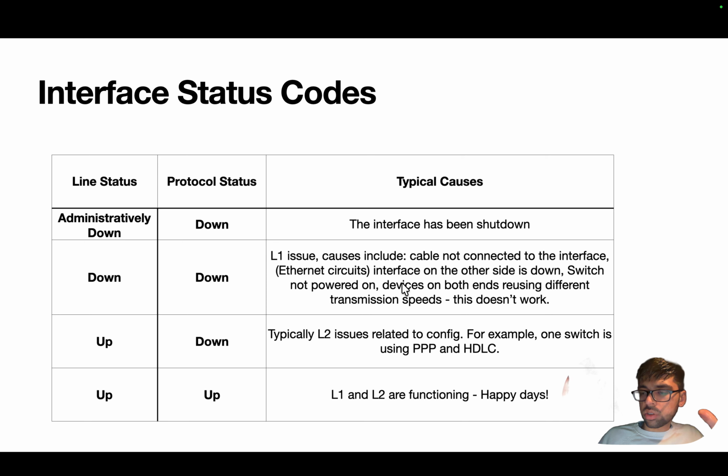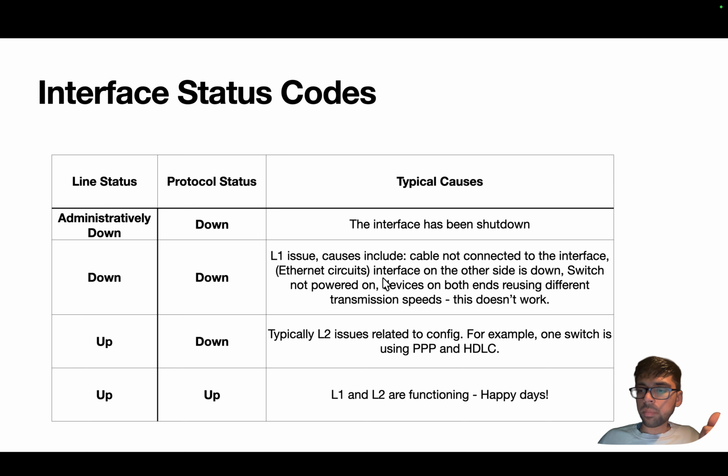If you've got an Ethernet point to point circuit, maybe the interface on the other side is down, so that point to point connection isn't working. Your switch is not powered on, or there's a problem with the transmission speeds between devices. So that's normally an indicator of layer 1 issues.